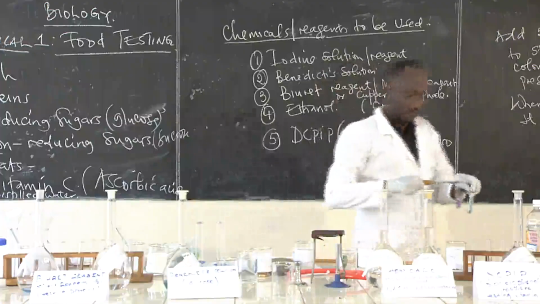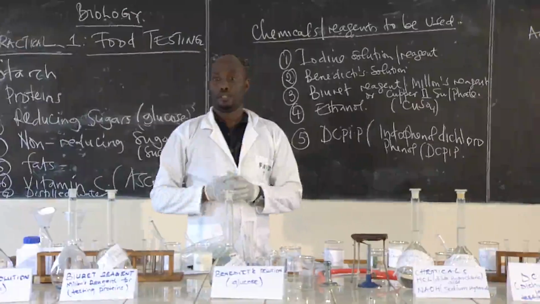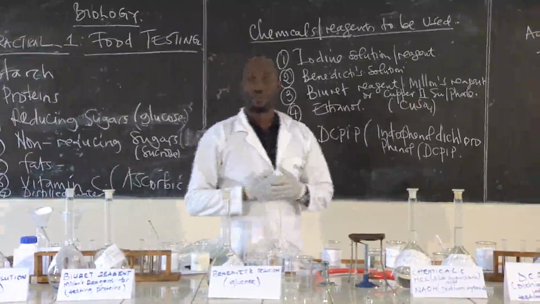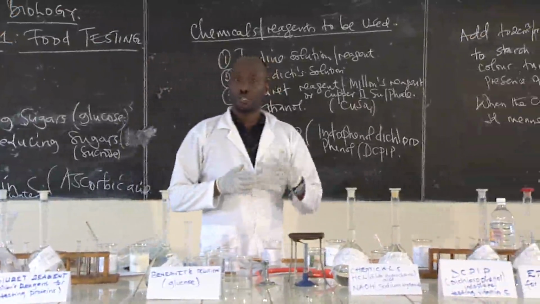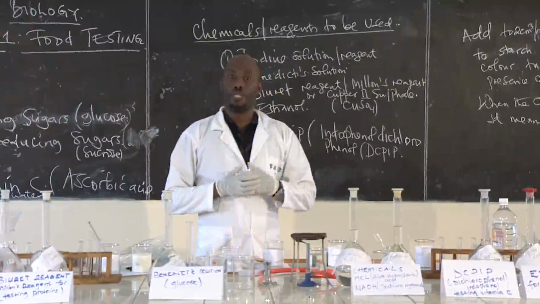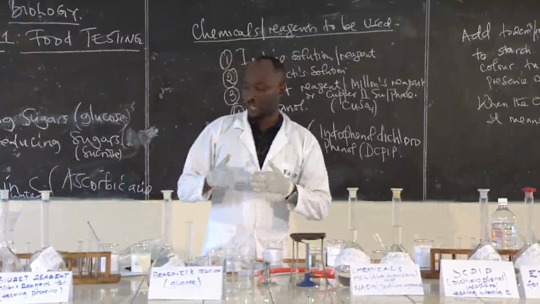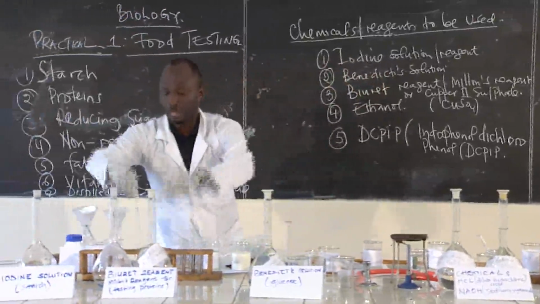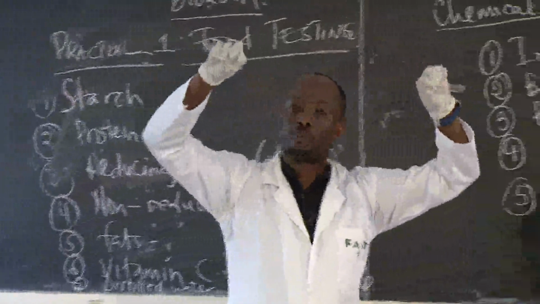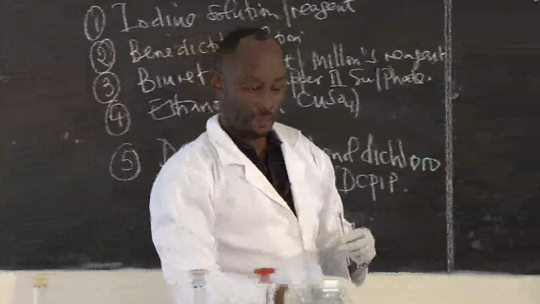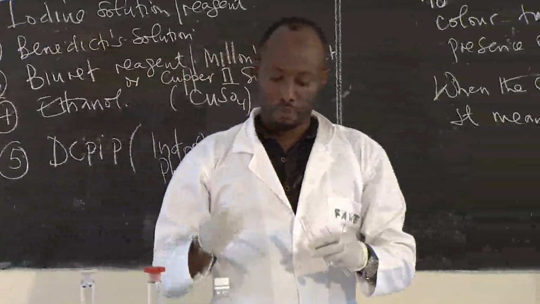Good. Students, now that we have seen that the egg white contains proteins, let us also test if milk contains proteins. Let us try to do it practically. Let us get the two test tubes. You can see these two test tubes are empty. We're going to put water in one test tube.